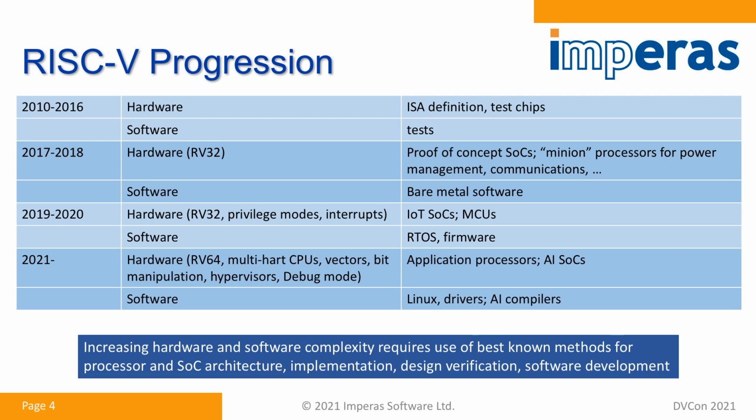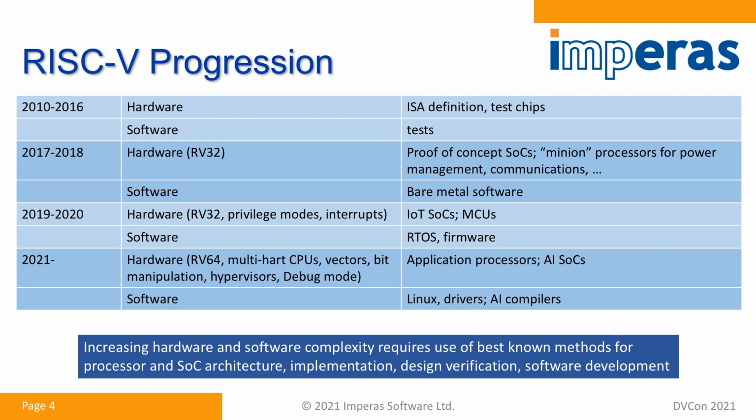And then starting this year, we're seeing even more complexity with 64-bit processors, with multi-hart, multi-core CPUs, with the vector extensions, with bit manipulation, hypervisors, debug mode. We're seeing these for application processors, which is actually what we're talking about here, and also looking at AI SoCs.